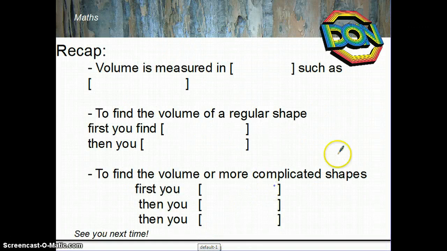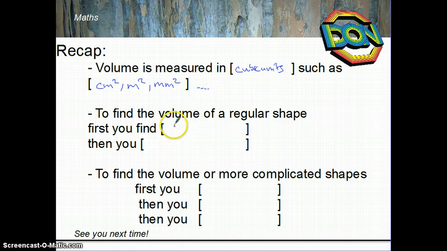Okay, so just to recap what we've done, pause the video, see if you can fill in these gaps, and then come back and check in a minute. Okay, let's see how you did. Volume is measured in cubic units such as centimetre cubed, metre cubed, millimetre cubed, and so on.